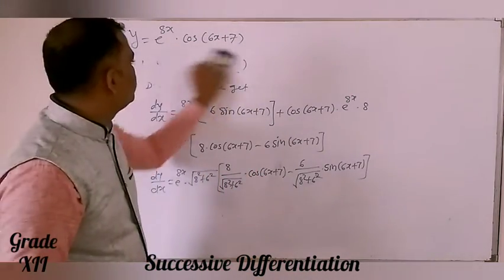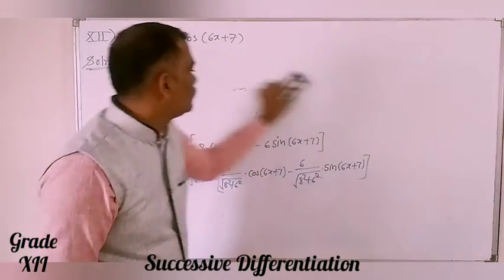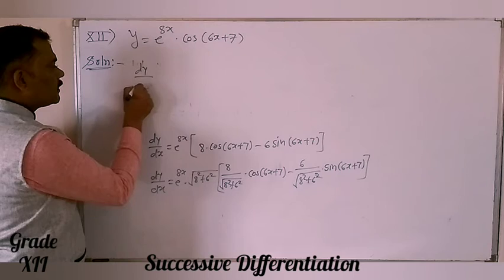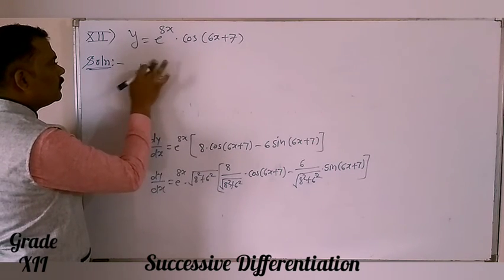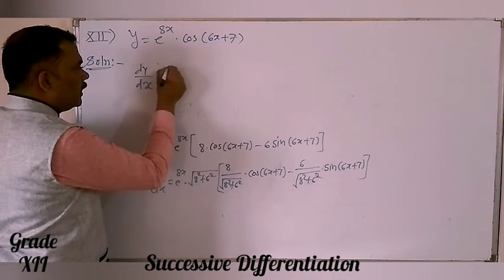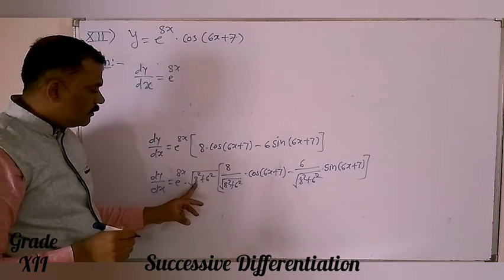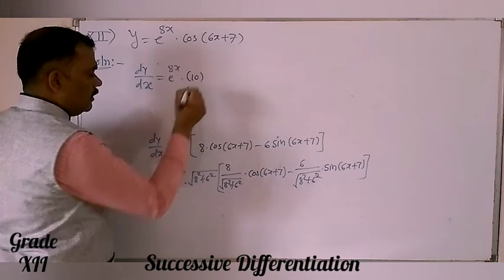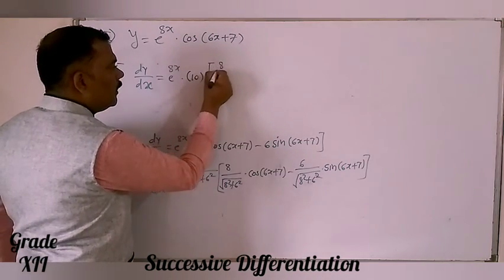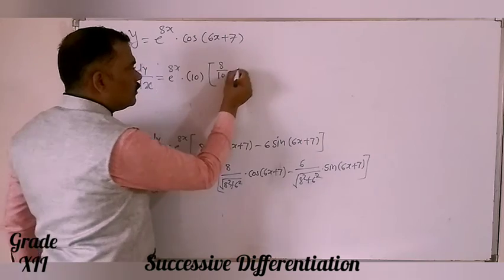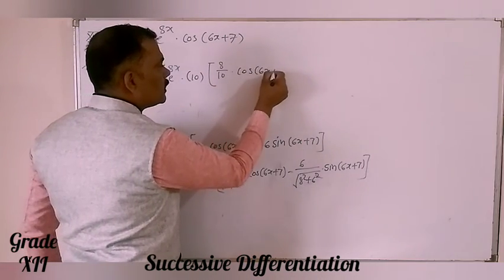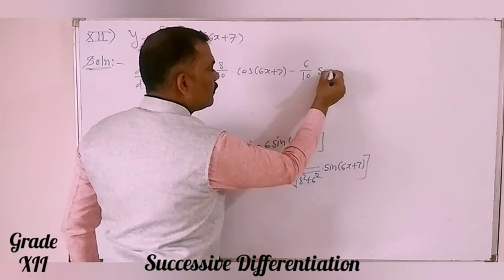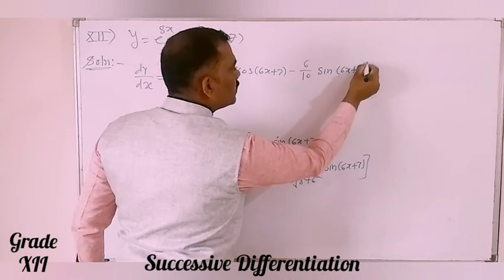So that we get dy by dx is equal to e raised to 8x, 8 square is 64, 6 square is 36, that is 100, square root of 100 is nothing but 10, into 8 divided by 10 into cos of 6x plus 7 minus 6 divided by 10 sine of 6x plus 7.